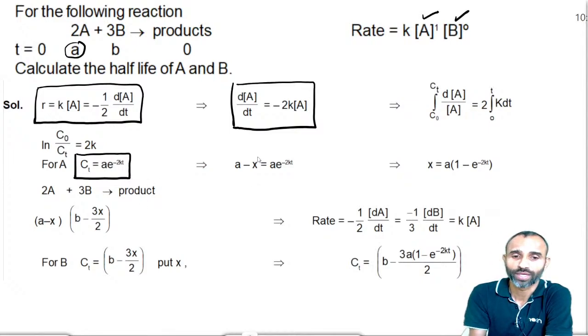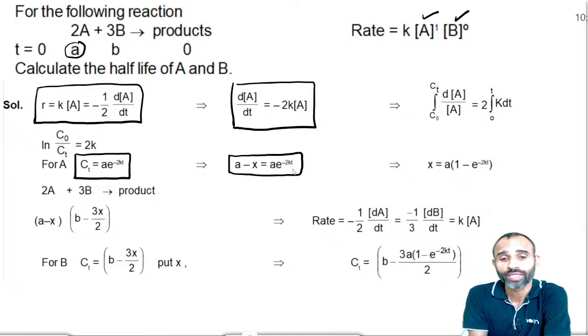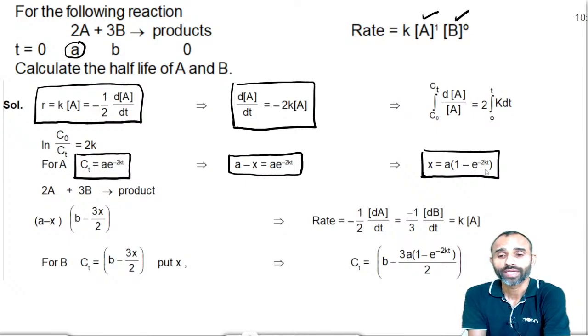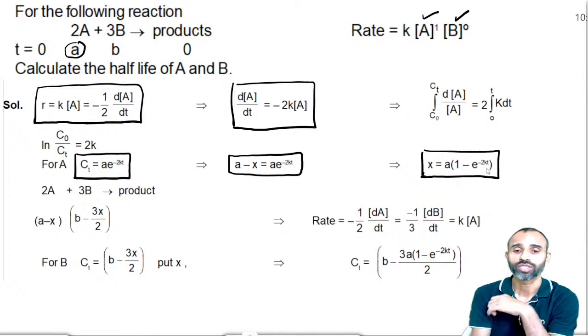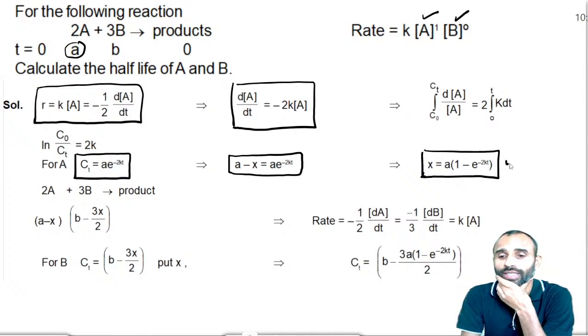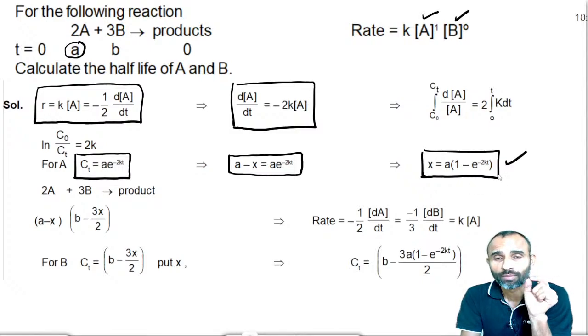This way, it is a minus x equal to a into e raised to power minus 2kt. x comes out to be a into 1 minus e raised to power minus 2kt, that is the amount of A reacted after time t.